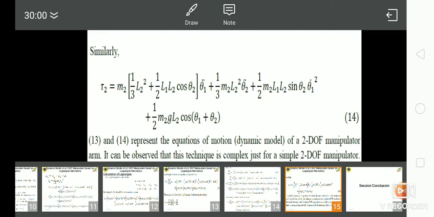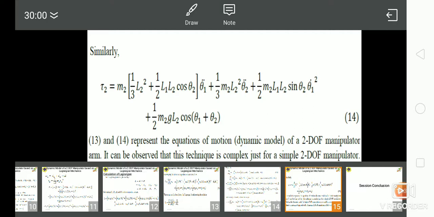It is a systematic procedure for obtaining the dynamic model of an N-DOF manipulator. This formulation establishes the relationship between joint positions, velocities, accelerations, and the generalized torques applied to the manipulator. The equations of motion obtained are analytical and compact.